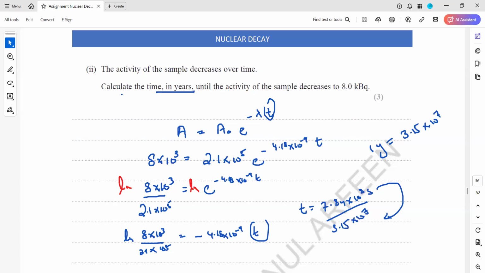So it will be about 24.9 years. So it will take 24.9 years to change the activity from 2.1 exponent 5 to 8 exponent 3. Is it clear, this one?